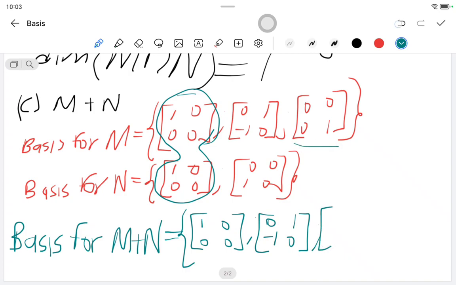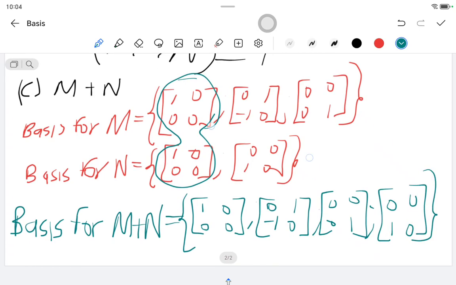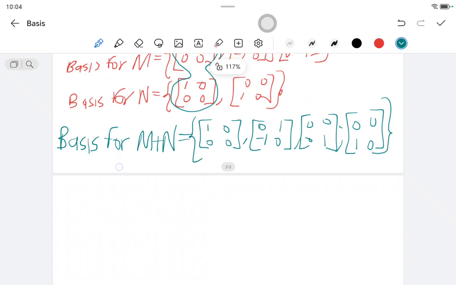Then we'll put this one. Then lastly, we'll put this one. So the dimension for M plus N would be equal to 4.